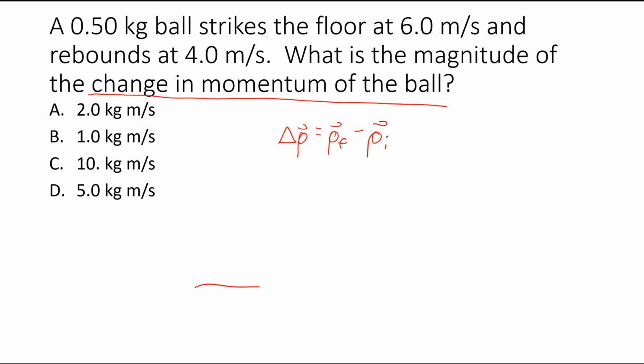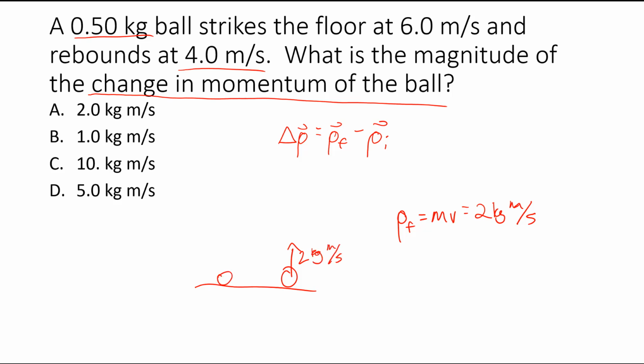So our final momentum was the momentum after it rebounded, and we actually already calculated this. P final is going to be mv. It is a mass of 0.5, rebounds at 4 meters per second, so it's going to be 2 kilogram meters per second.